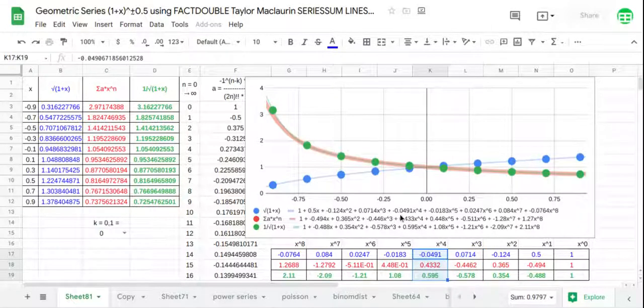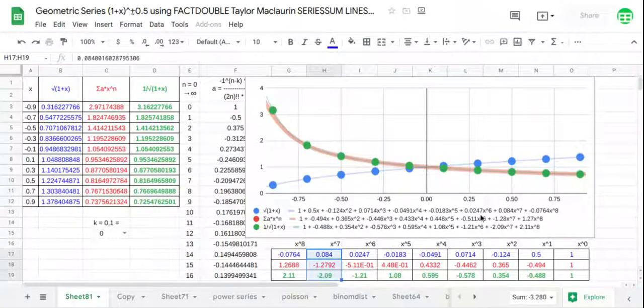Coefficient of x to the fourth, 0.0491, negative 0.433, 0.595. Coefficient of x to the fifth, minus 0.0183, 0.448, 1.08. Coefficient of x to the sixth, 0.0247, minus 0.511, and 1.21.